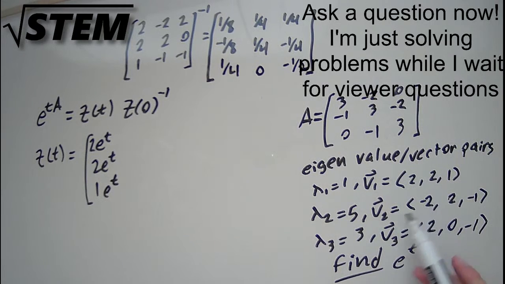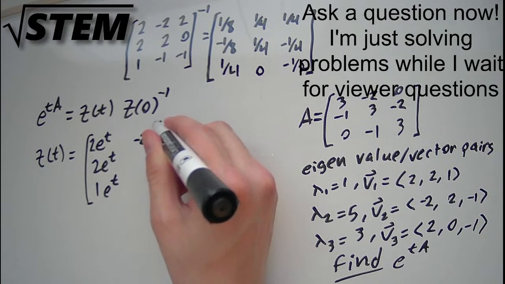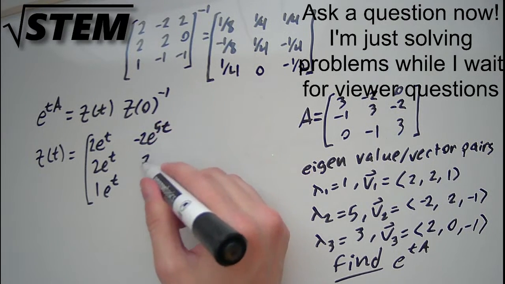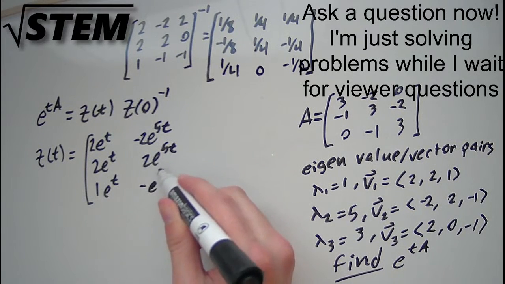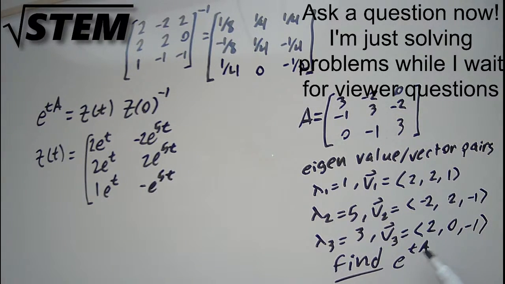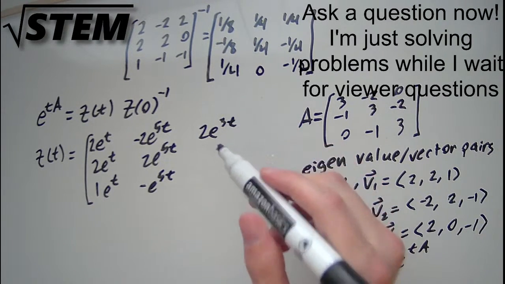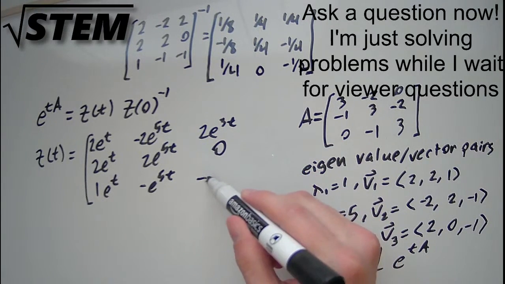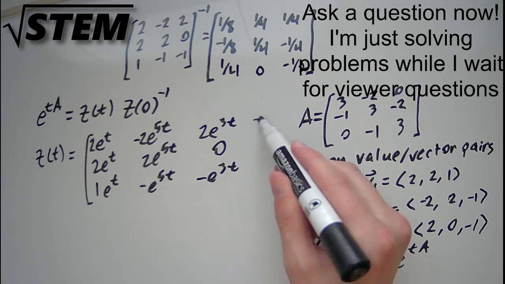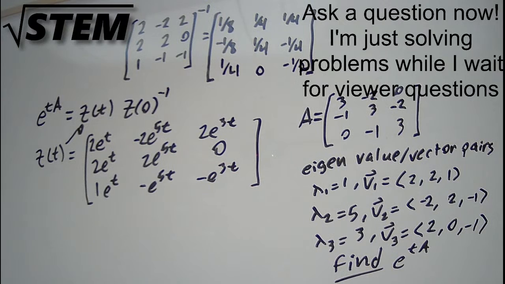Here we would have negative 2 e to the 5t, 2 e to the 5t, negative e to the 5t. Then we would have 2 times e to the 3t, 0, and negative e to the 3t. So this is our fundamental matrix that we're going to use.